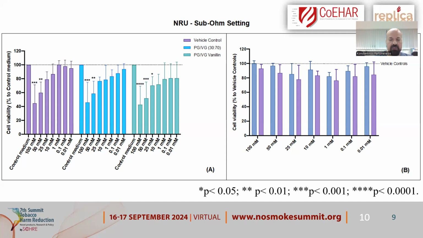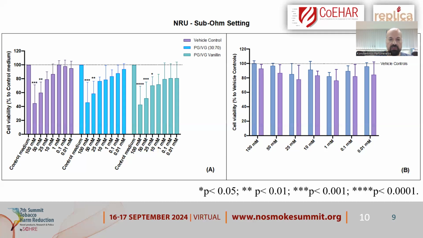On the right, again, the NRU data normalization to vehicle control indicated no significant differences in cell viability among PGVG and PGVG with vanillin compared to the vehicle control at its concentration. These results demonstrate that the cytotoxic effect on the cells is predominantly due to the ethanol presence in the vehicle control.